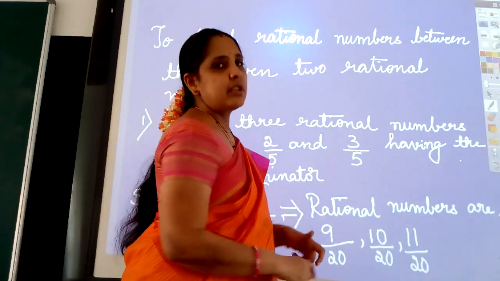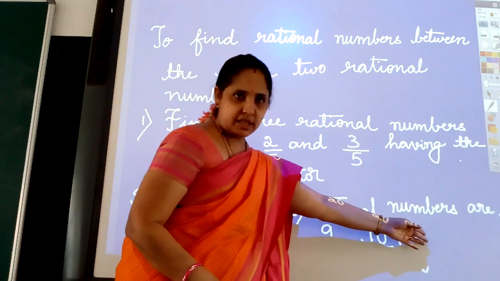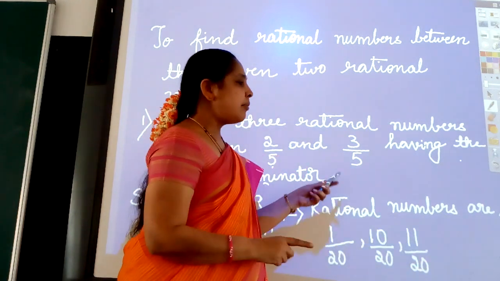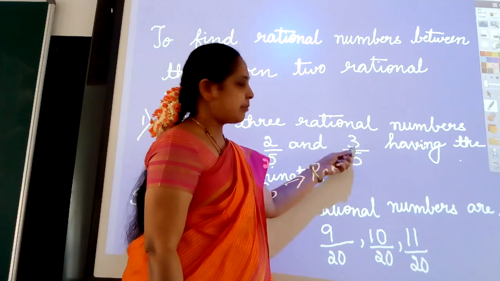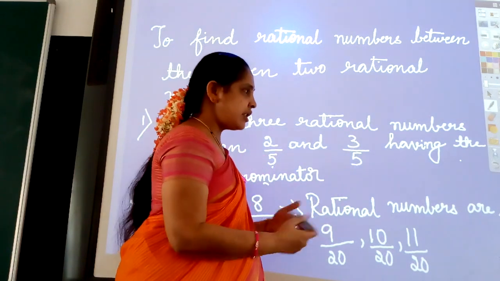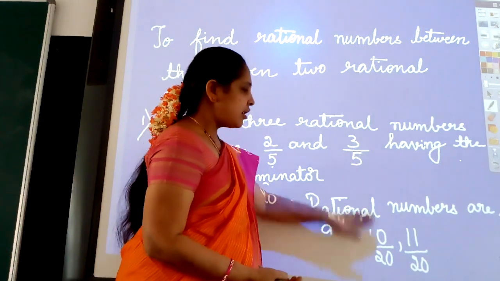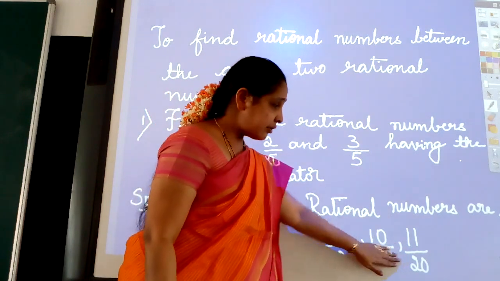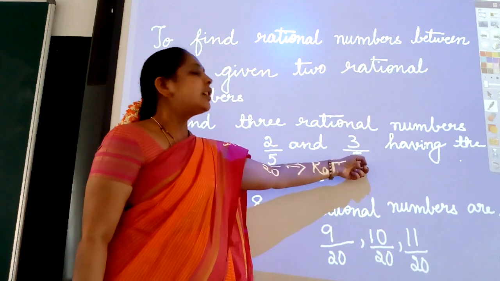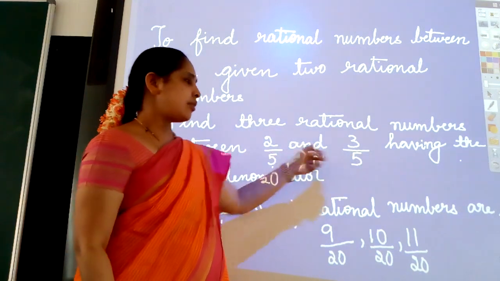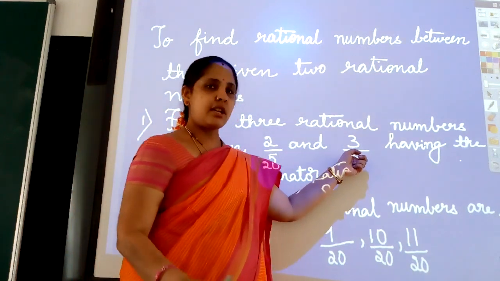Of course, the next number you can obtain is 12 by 20, but 12 by 20 on simplification becomes 3 by 5, which is this number. But the numbers that we are going to get should be in between this number and this number. It should neither be equal to this number nor be equal to the greater rational number.